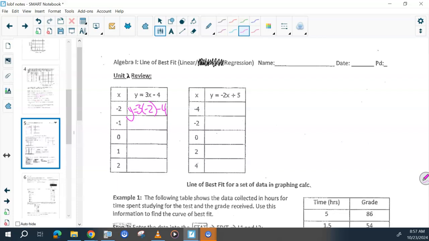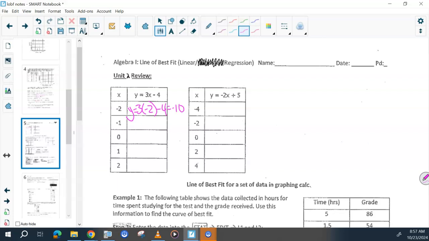And I would figure out what both of those are. And then what would that be? Negative 10.